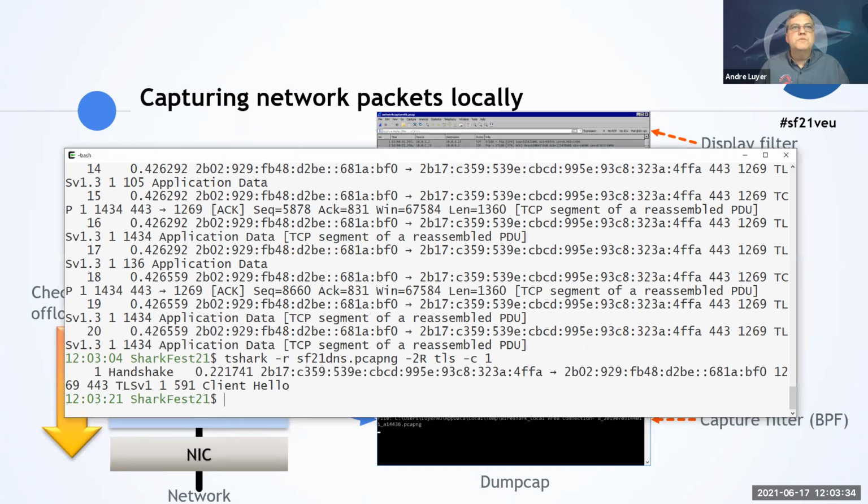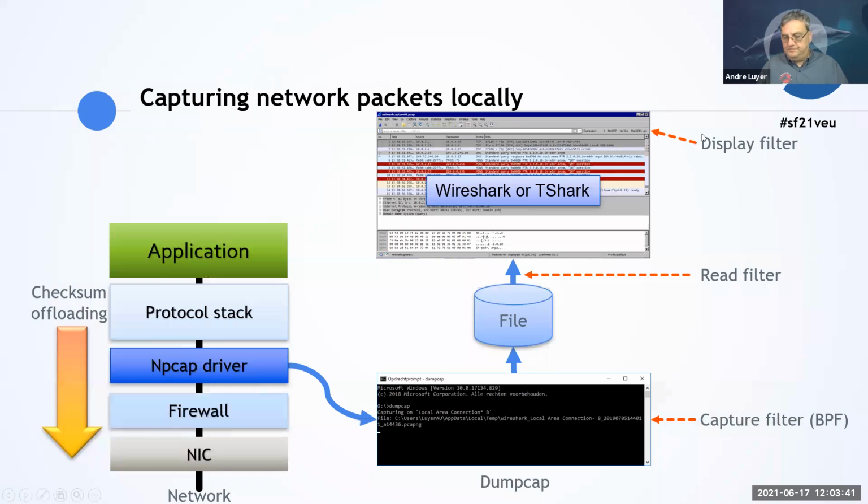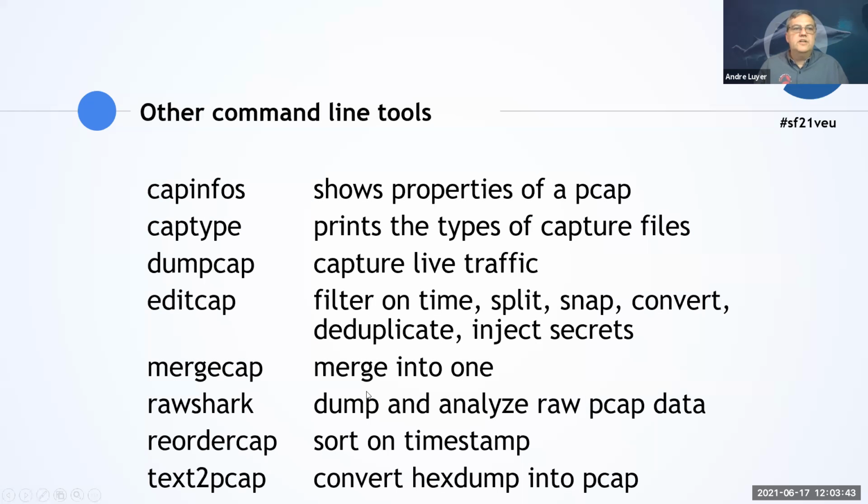Another thing that might be handy to know: there are other tools. One is called editcap. You can use that to take a time frame out of your capture, or to split it, or to snap packets, or to convert it into another format, or deduplicate.